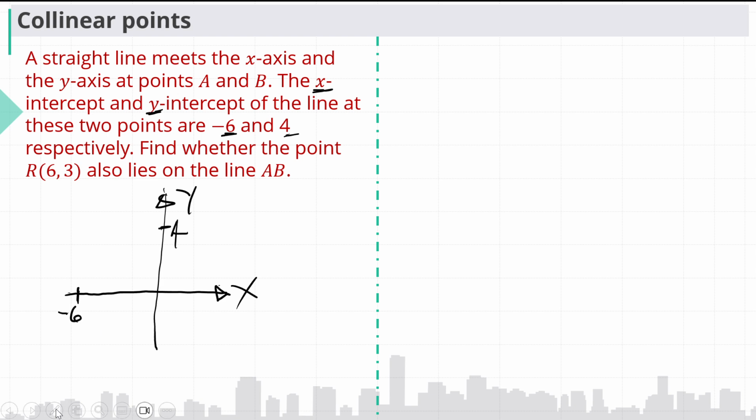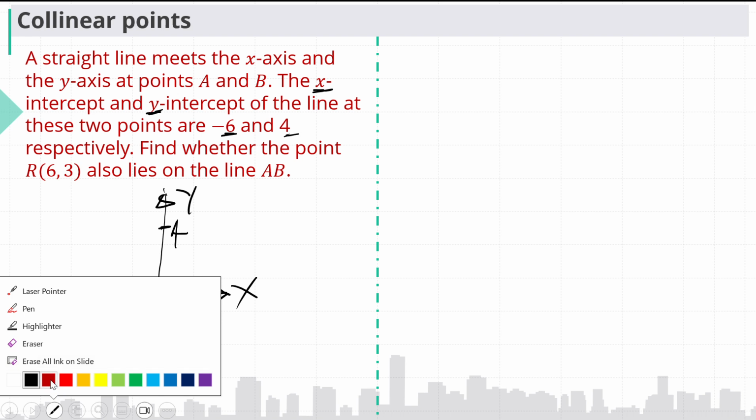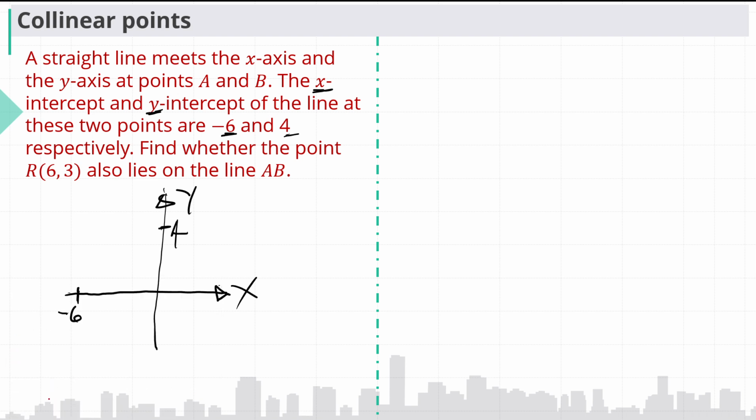So now let's draw the line through these 2 points. The line in the question passes through these 2 points on the x-axis and on the y-axis.